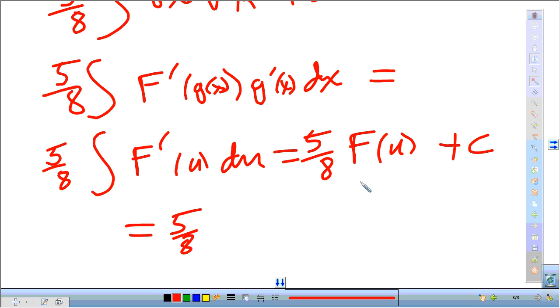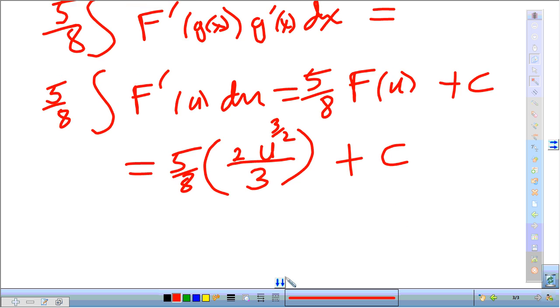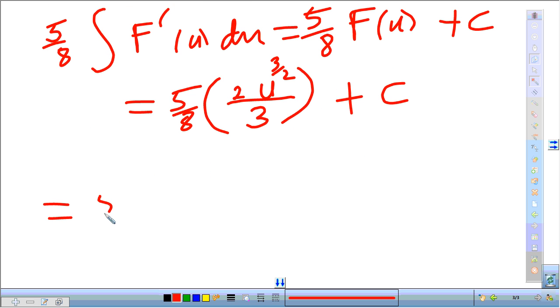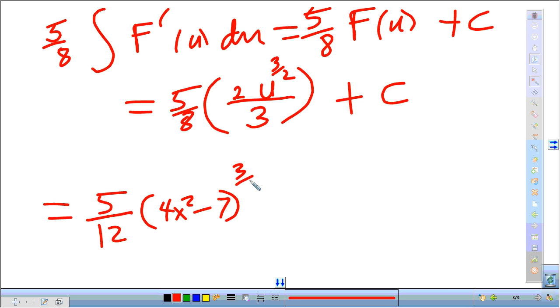So F in terms of u was 2/3 of u with an exponent 3/2. Let's see, this 5 over 8, I can divide the 2 out and get 5 over 12. Substitute u back in terms of g, 4x squared minus 7 with an exponent of 3/2, plus a constant.